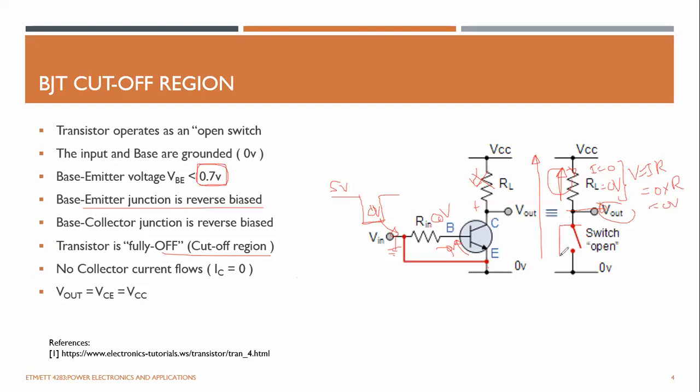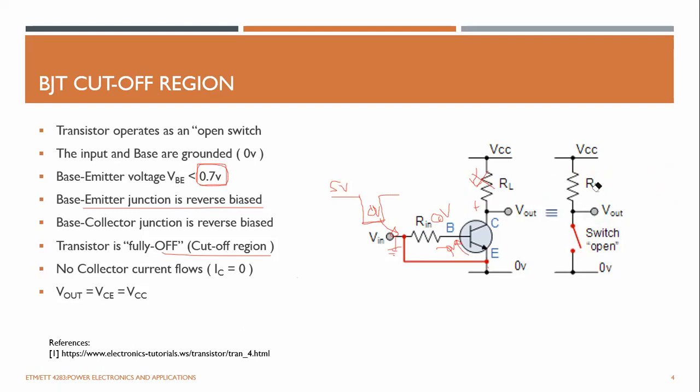But the transistor is open. There's no current flowing here. So you can take the output voltage as 5 volt, because this kind of application is typically for logic gates. But what I'm considering here is when the switch is off, there's no current flow in the RL. So your load is off.